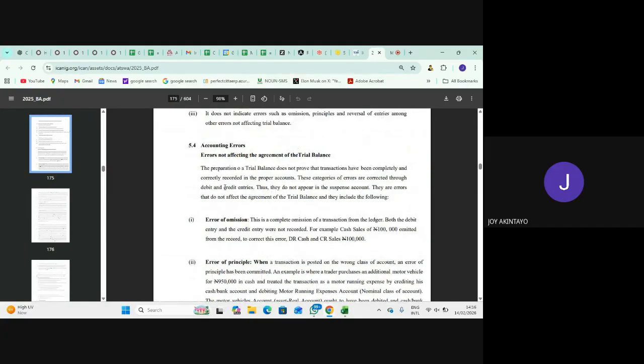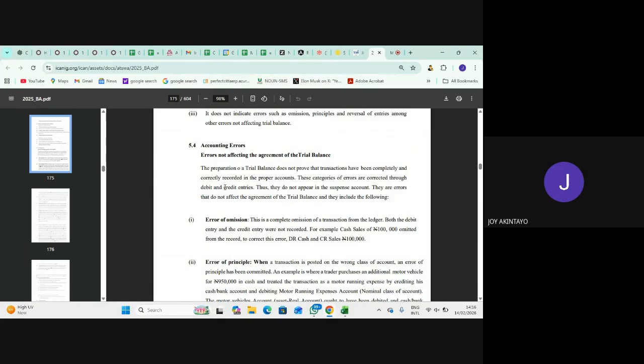Now we have two errors in trial balance. We have the one that will still make your trial balance have equal value on both debit and credit side. Are we together? The first one is error of omission.